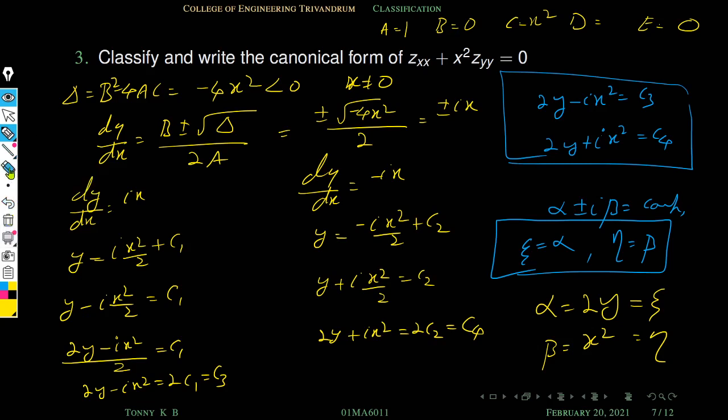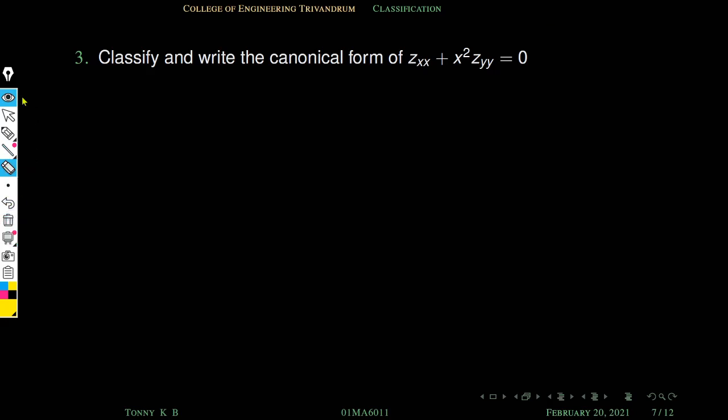Anyway, now we have alpha and beta. Our first transformation function psi is 2y and our second transformation function eta is x square.